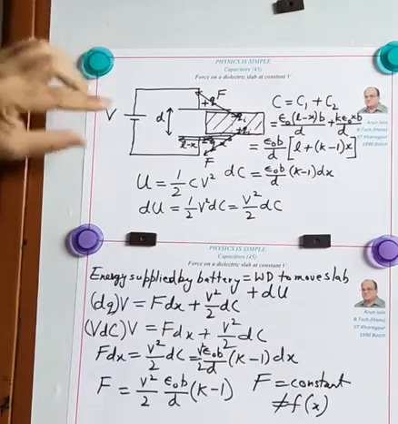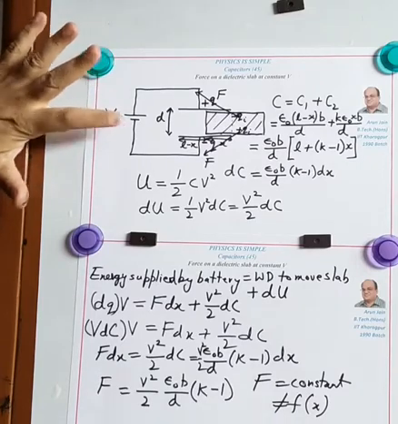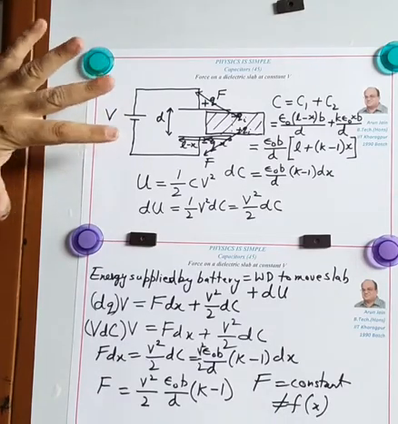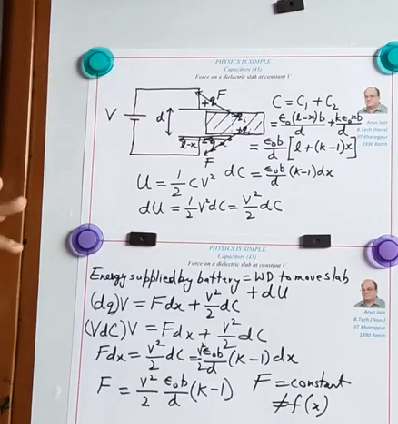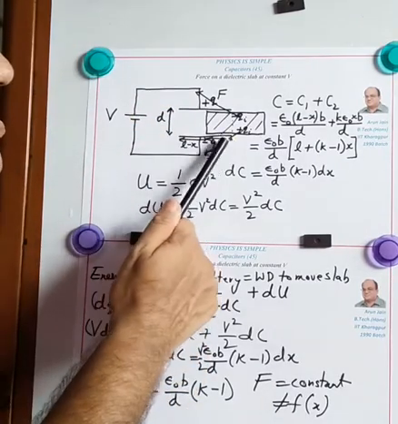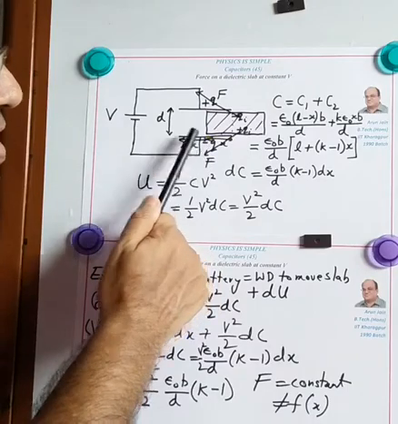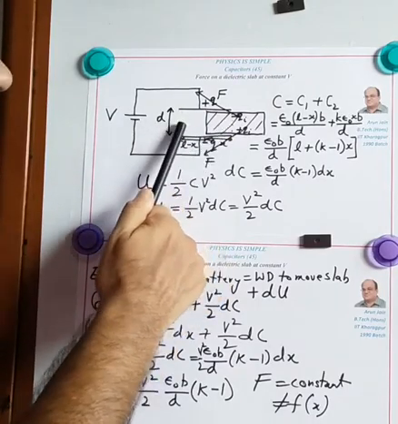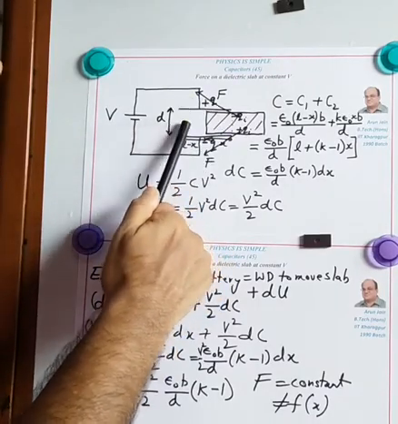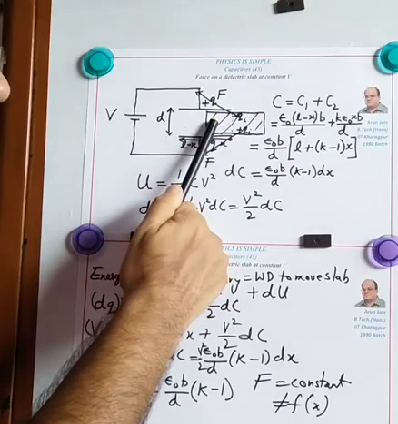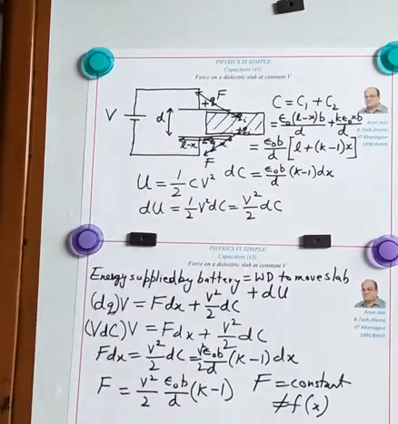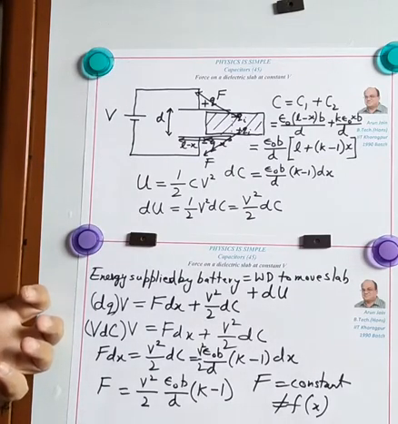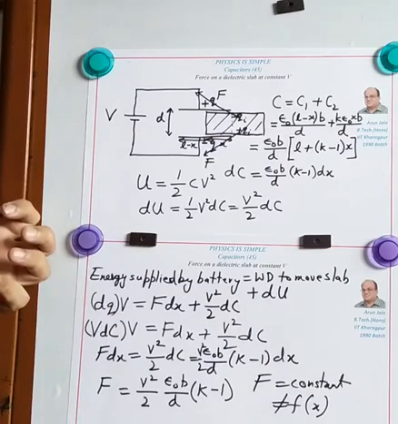Okay, so here battery was connected, V was constant, and this was a parallel plate capacitor, and dielectric was inserted up to a distance x. So we had two capacitors in parallel, one filled with air, other filled with dielectric. C became C1 plus C2, and then we found dC, and then potential energy is half CV square.